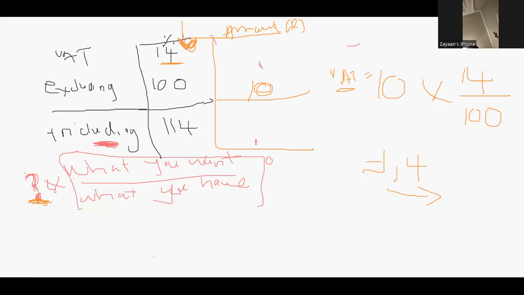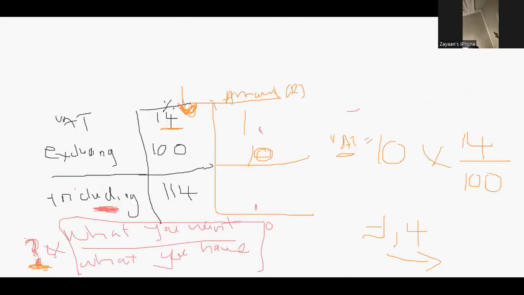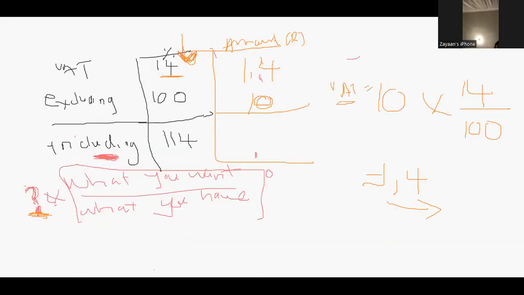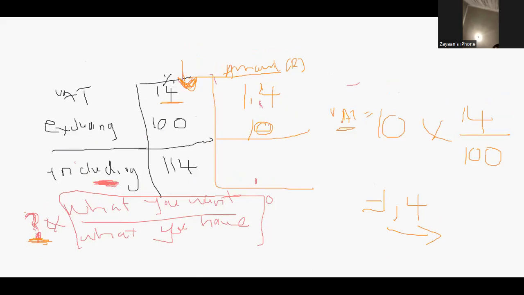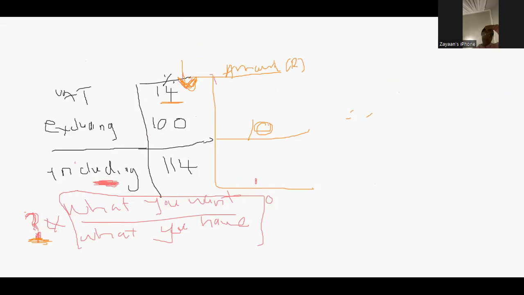Okay, so that's the amount of VAT. You understand now? That's the 1,4. Now I'm going to erase this. Now we have this 1,4, and I give you the amount excluding VAT. Let's say I ask you, what is the amount including VAT?